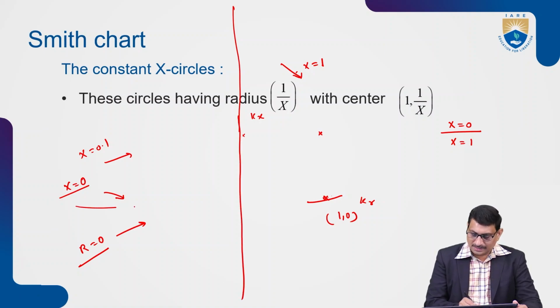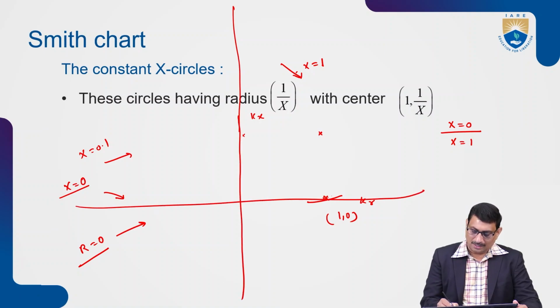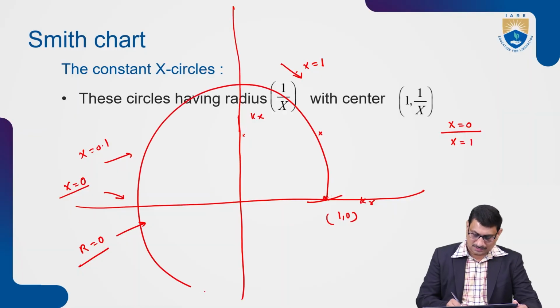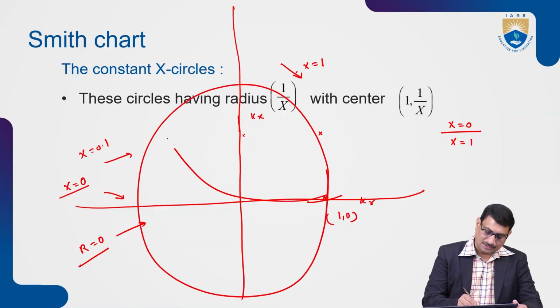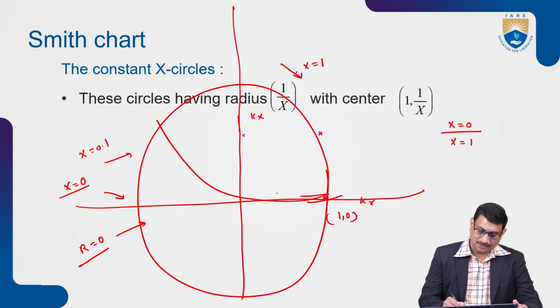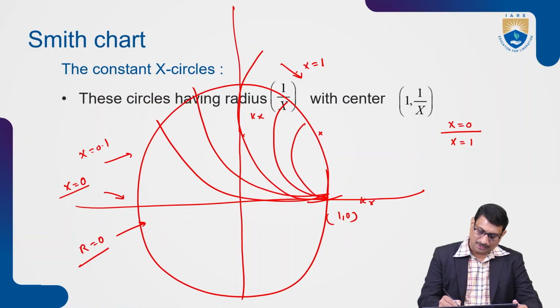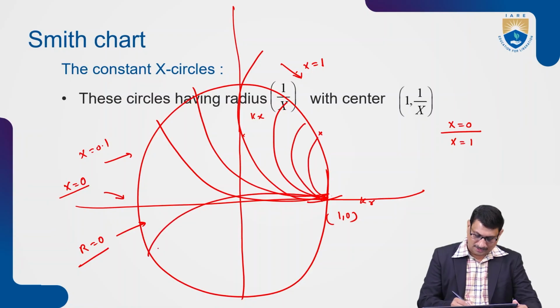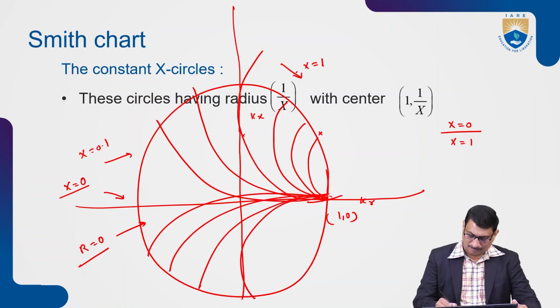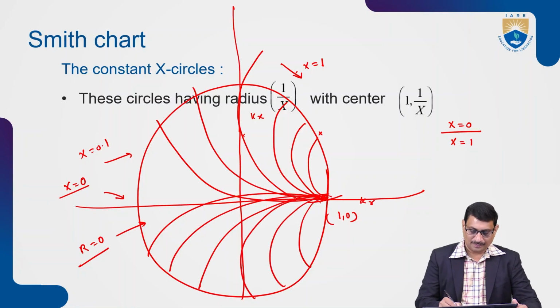First the R equal to 0 circle, and then the x equal to 0.1, x equal to 0.5, x equal to 1 circles, or x equal to 10, 20, 30, x equal to minus 0.1, minus 0.2, minus 0.5, minus 1, minus 10, minus 3, right?